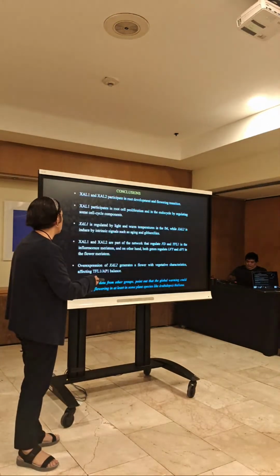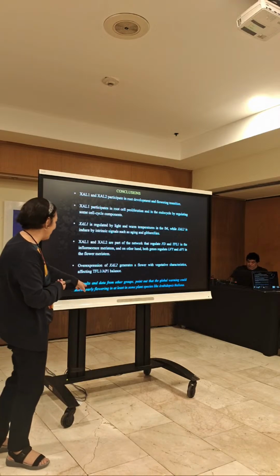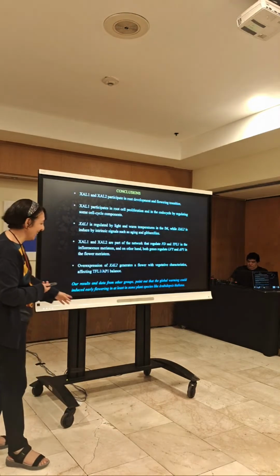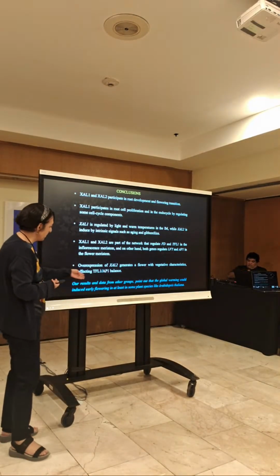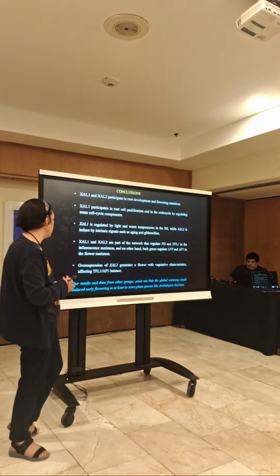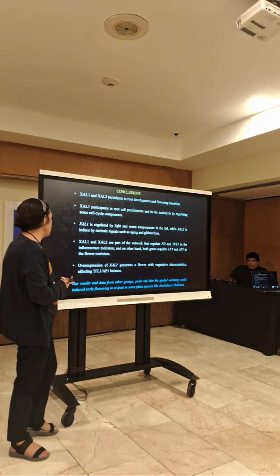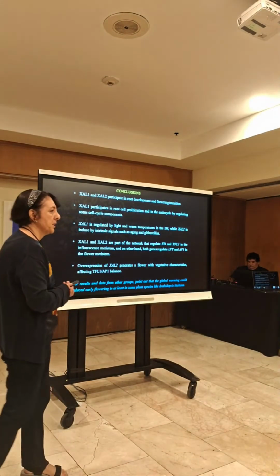And there are the conclusions. You can read them because I don't have the time. And just to take home, our results and data from other groups point out that global warming could induce early flowering in at least some plants like Arabidopsis thaliana.